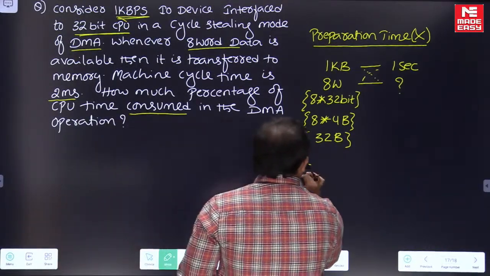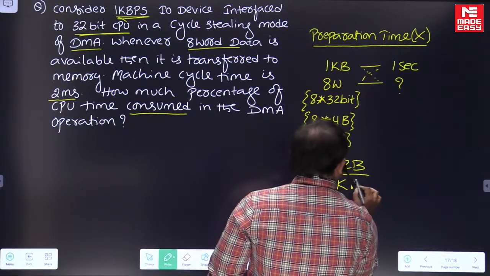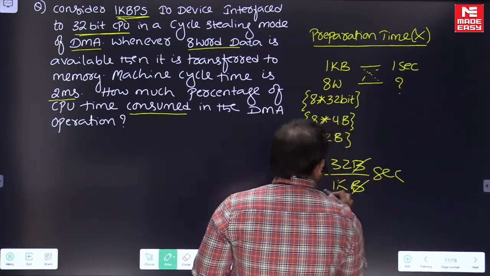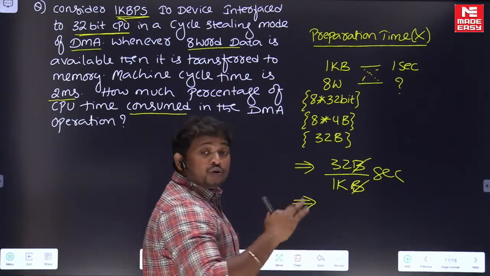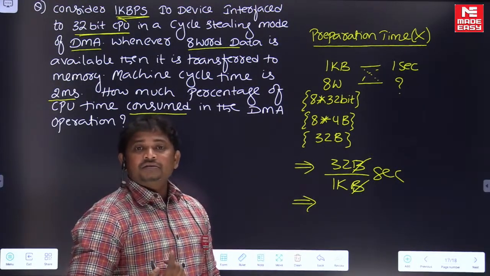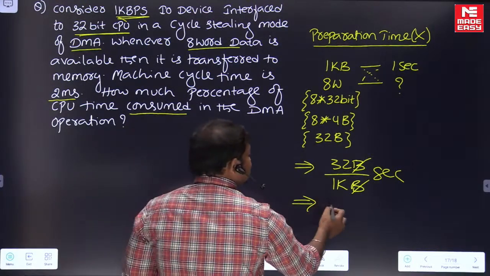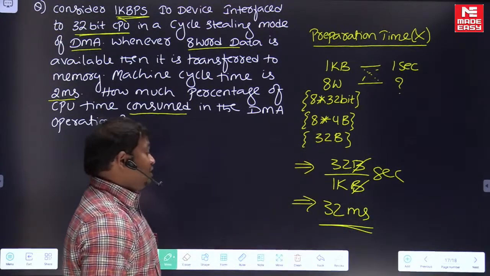So this is 32 bytes upon 1 K bytes per second; bytes cancel. When calculating time units, kilo is considered a decimal value. For storage, kilo is binary, but for time units, kilo means decimal. So this is 32 milliseconds. So X equals 32 milliseconds.